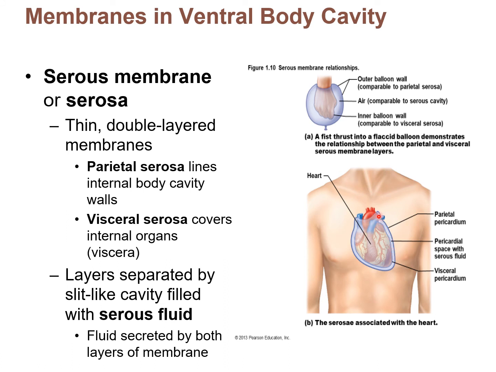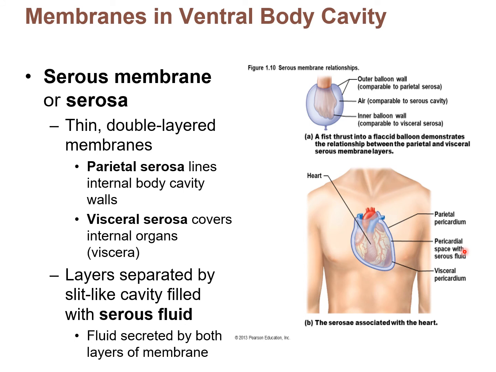You can see it right here. And that cavity is usually filled with fluid. You might think, what's the point of having fluid between my visceral layer and my parietal layer? That fluid is going to prevent the rubbing of those two membranes against each other. So it's going to prevent friction.